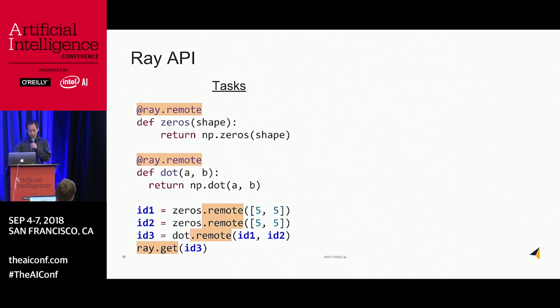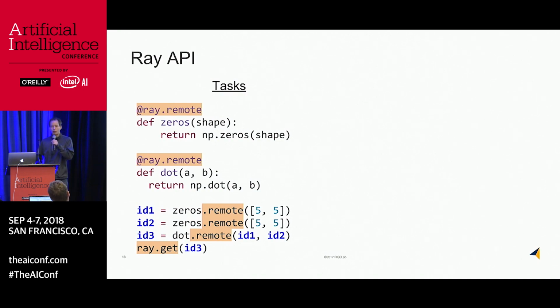On the calling side, you just say function name .remote of the arguments, and this call returns immediately with a future of the result. In the background, the system will schedule the task. You can pass these futures into other tasks, and the scheduler will automatically figure out the data dependencies and execute it for you.